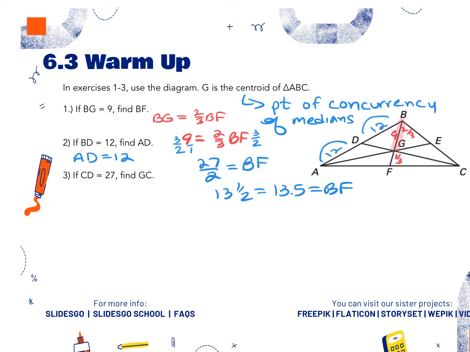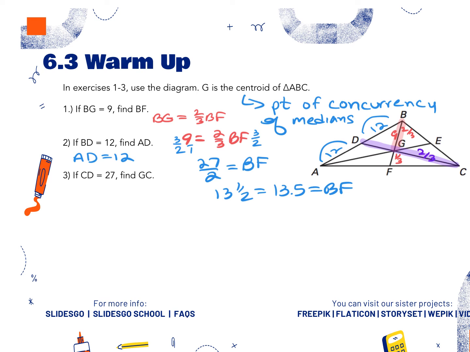And then the third one here, they're giving me the length of CD, which is the entire median. They want me to find GC, which is the 2/3 part. Because again, the 2/3 part is from the vertex to the centroid.